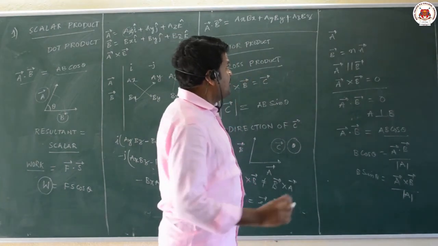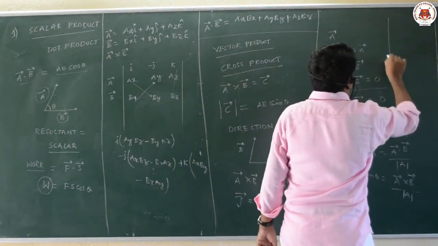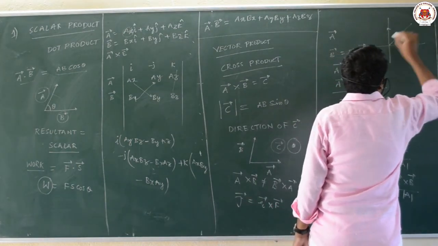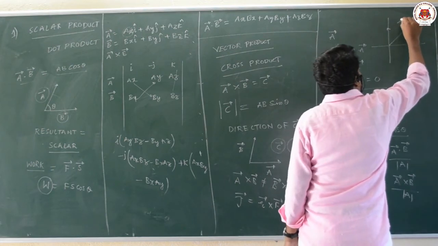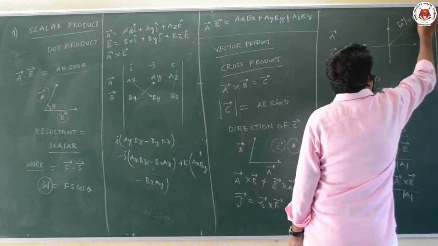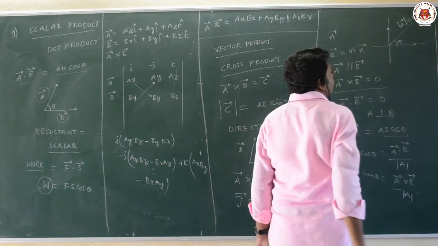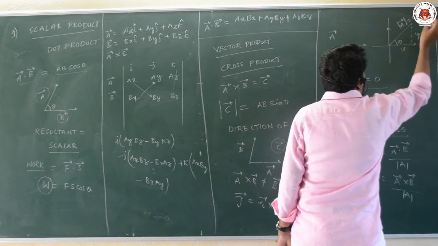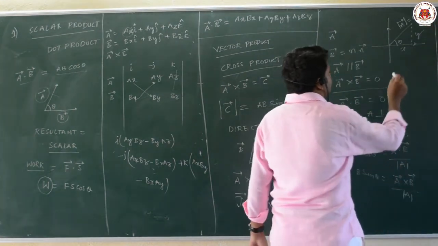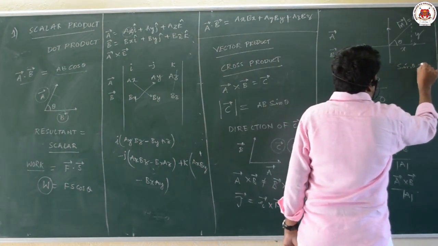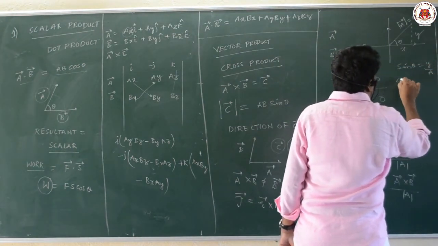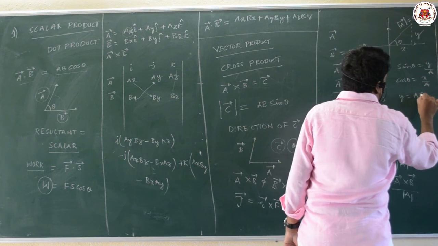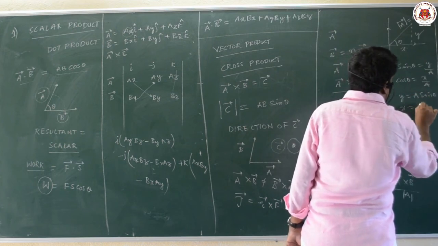And what does a component mean? When a vector is represented in a plane, instead of representing along x and y, suppose A bar is represented like this, whose magnitude is A. If this angle is theta, and you take this as x and this as y, by using trigonometry you can write sin theta is equal to y by A, cos theta is equal to x by A. Then y is equal to A sin theta, and x is equal to A cos theta.